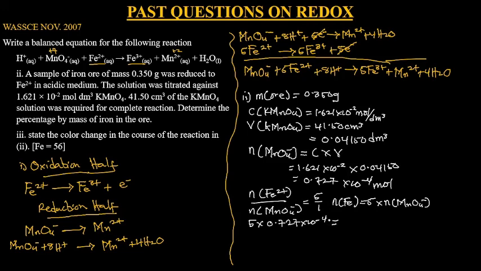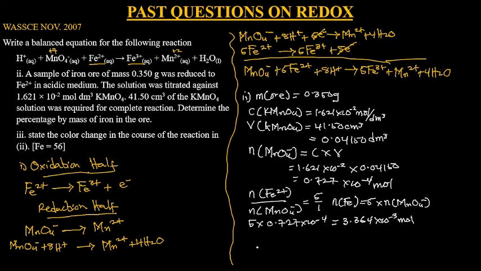When we multiply that, we're going to have 3.364 times 10 exponent minus 3 moles. So that is the mole of iron that we have. Okay, now, the mole of Fe2+ in the solution, to put it like that.